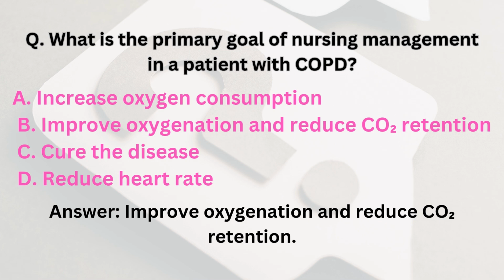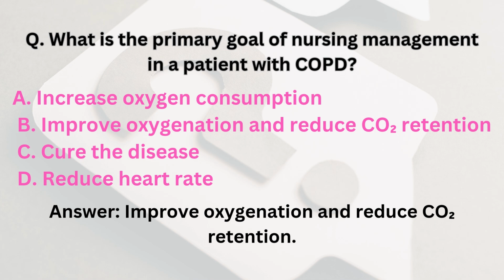It is a condition that causes difficulty breathing due to narrowed and damaged airways. This leads to hypoxemia and hypercapnia. What is hypoxemia? Low levels of oxygen in the blood. What is hypercapnia? High levels of carbon dioxide in the blood.